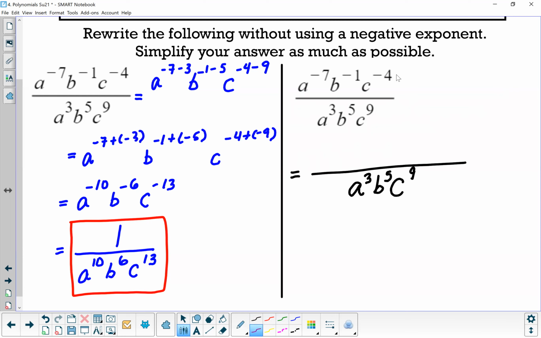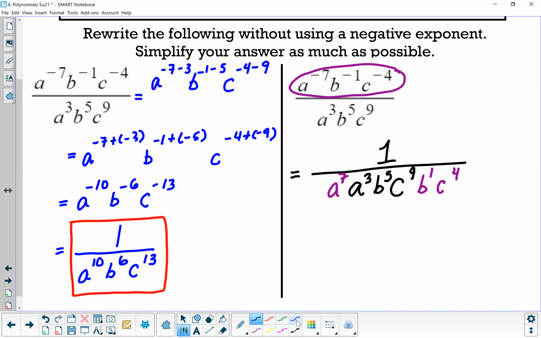And I'm taking the reciprocal of the three factors already in the numerator. So a to the 7th in the denominator, b to the 1st, I'll put that at the end here, and c to the 4th. So there's an assumed coefficient of 1. We don't have to write 1 when we have a variable there, but since everything went to the denominator, we have to put that assumed 1 in the numerator.